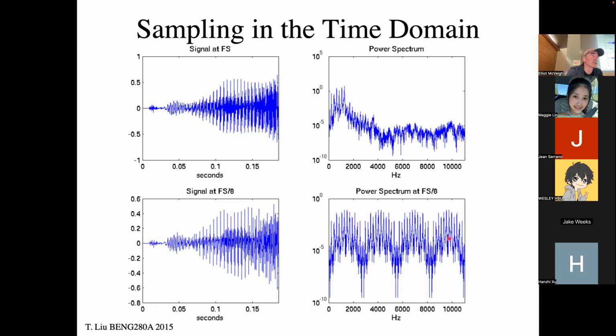Whether or not it's accurate actually depends on the frequency components that were in the original signal. And we'll see that. This can be accurate if there are no frequencies higher than that in the sample, right? It can be accurate even though it replicates itself.